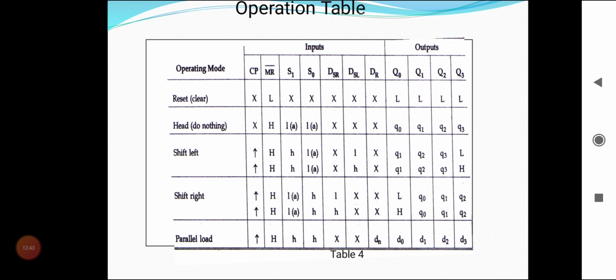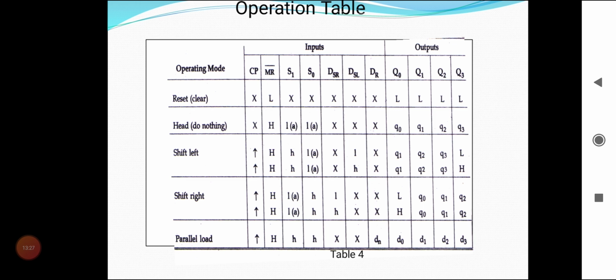Now DSR is l, DSL is X, DR is X, and Q0 will take the low input, and Q1, Q2, Q3 take Q0, Q1, Q2. That means shifting towards the right side. Similarly, when DSR is high, H, a high bit is entered in Q0, and the remaining bits are shifted towards the right side.